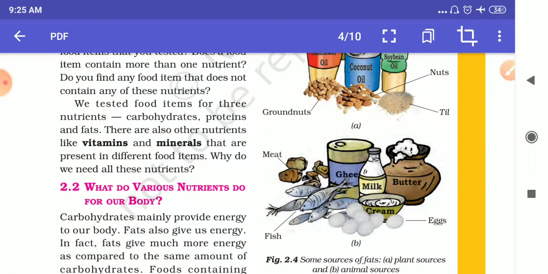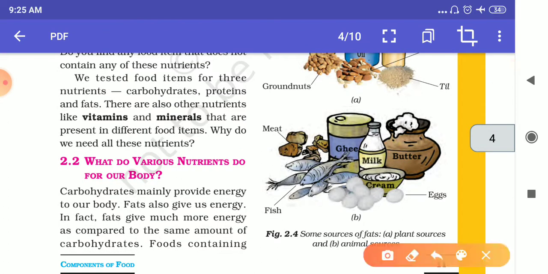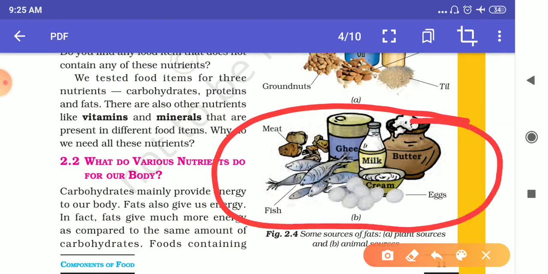Milk products, ghee, butter, eggs, fishes, meat, all are sources of animal fat. It's already given in your textbook also. These all are animal fat sources.